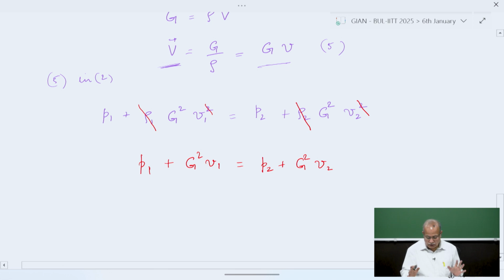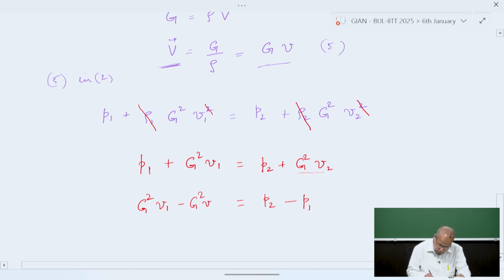G, the mass flow rate is constant, so there is no G1, G2, they are equal, this mass flux. So I can write here P2, take this P1 to the other side, P2 minus P1, okay? So I already have G square V1 on one side. Bring this one to the other side, it will be minus G square V2.